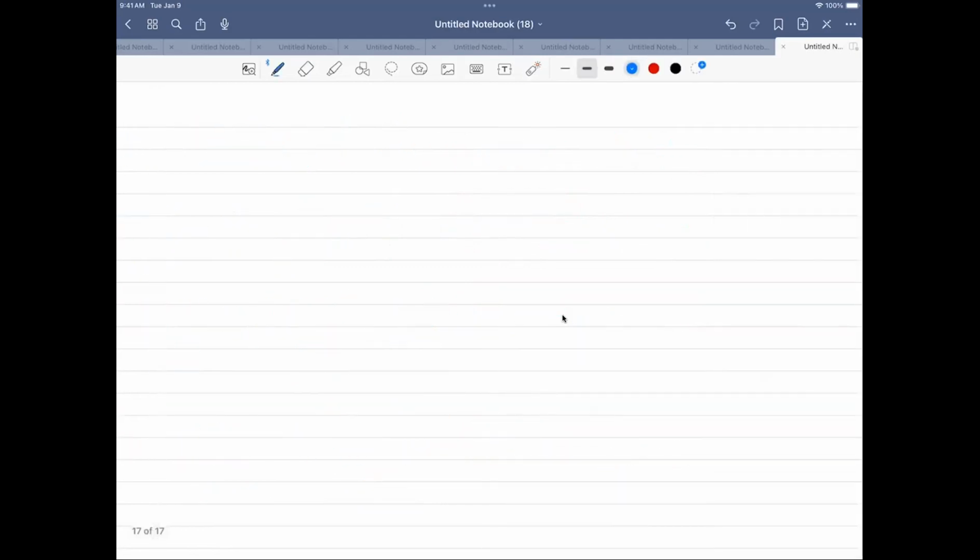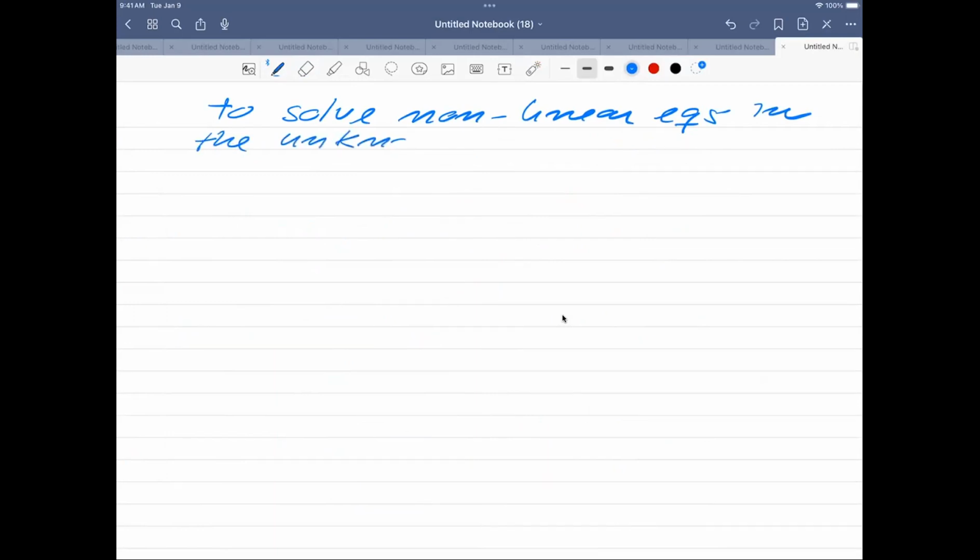So in order to solve nonlinear equations in the unknown coefficients C iteratively, we need to start with a guess for the first iteration.